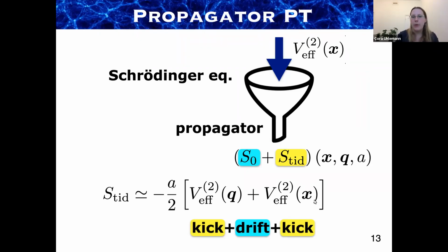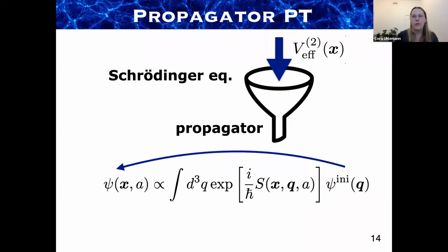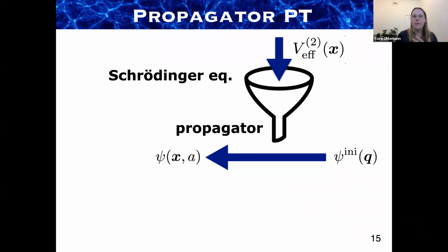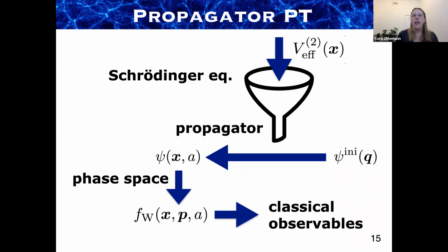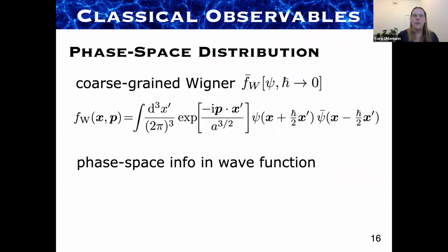So with this propagator, I now know how to convert an initial wave function to the final wave function by basically just propagating it. Now, once I have my final wave function, I can determine a phase space distribution and classical observables like density and velocity. So the phase space distribution is computed from the wave function using the so-called Wigner distribution.